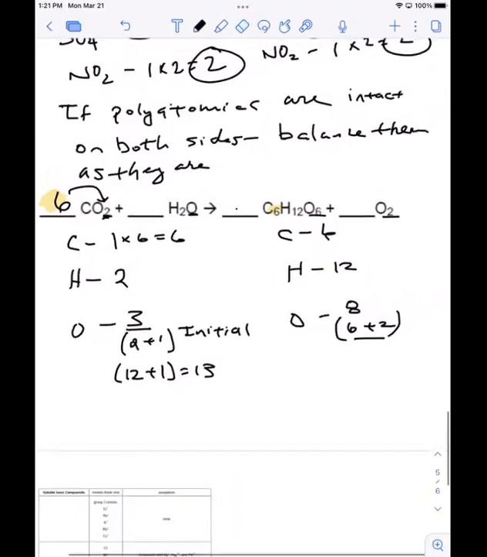Now let's try balancing the hydrogens. All right. So now we got 12 on this side, so we want to make it 12 on this side. So we're going to put another 6 here, and that's going to be 6 times 2. So that's going to give me 12 hydrogens.